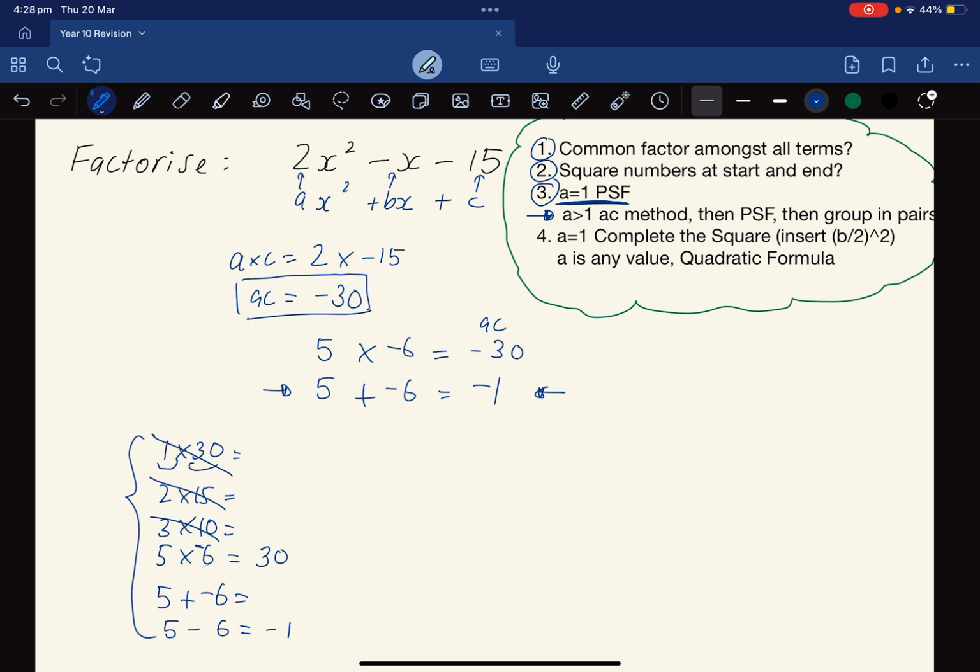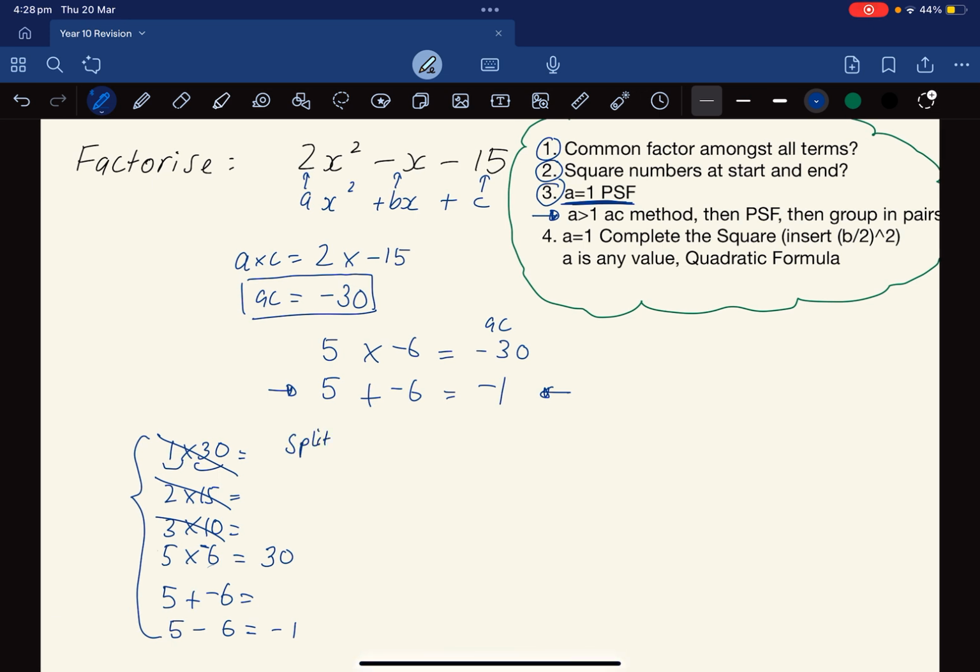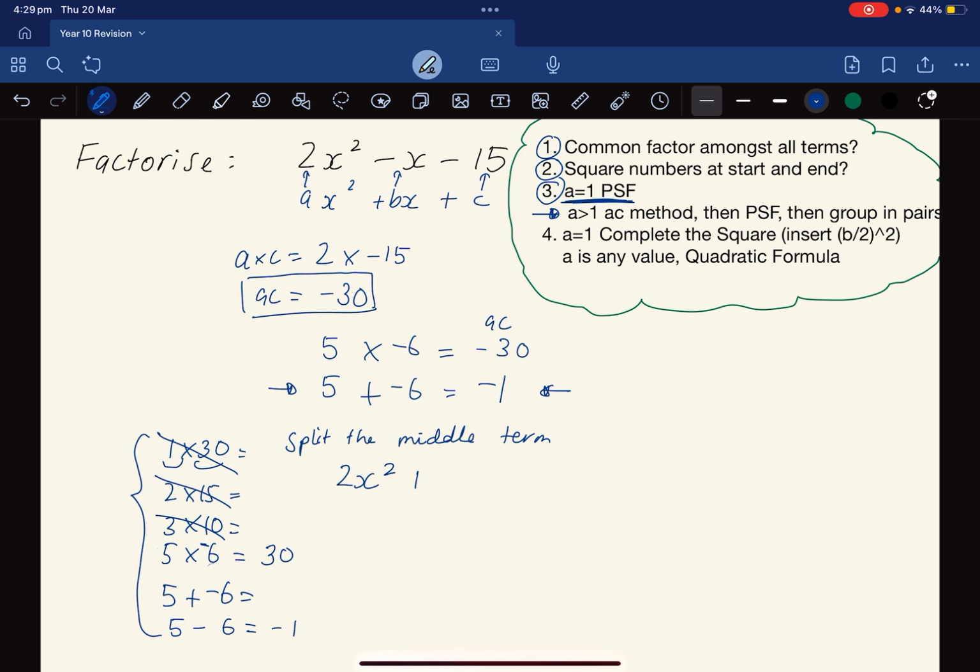Okay, anyway. Now, the next step is one that we forget a lot. We've found our factors, which are looking great. Now we're going to split the middle term. The middle term's here. So let's rewrite it by splitting up that middle term with the factors we just found. So it's going to be 2x squared, 5x, take 6x, take 15.